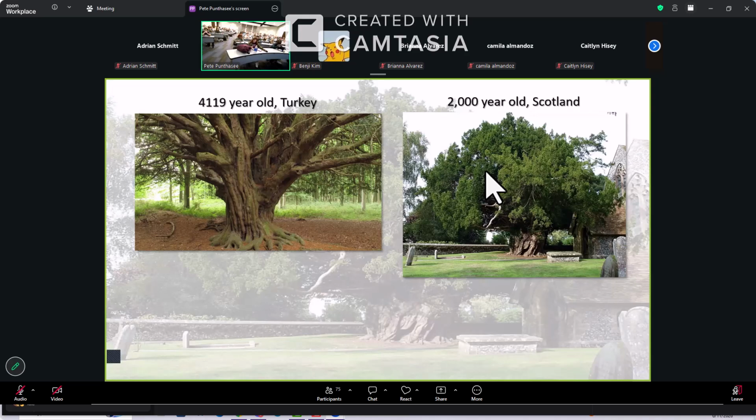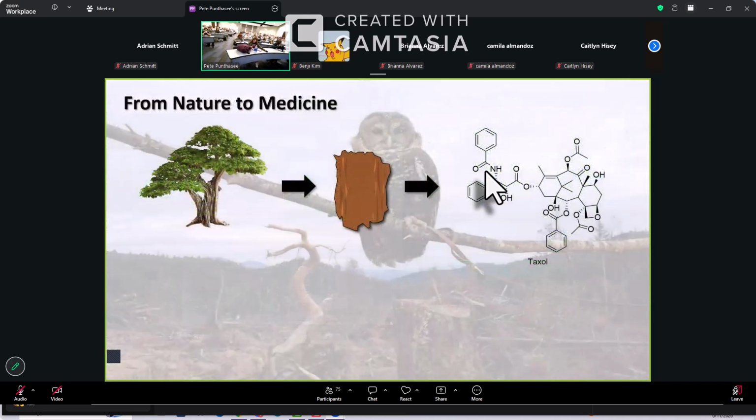Now, here's how you get Taxol. You kill the tree and get the bark out. That's the bark of the tree, is it not? Extract from bark. This is chemistry right here. When you pull the bark out, imagine I strip the skin off your entire body. It's not great.